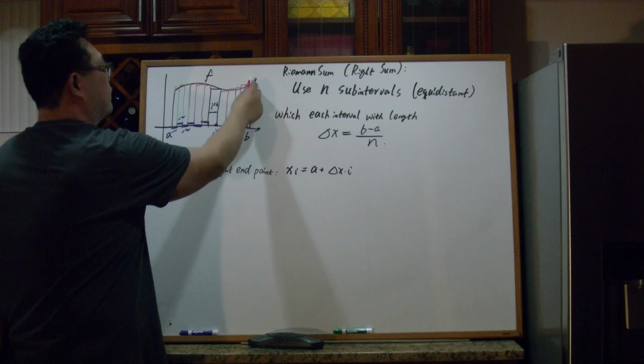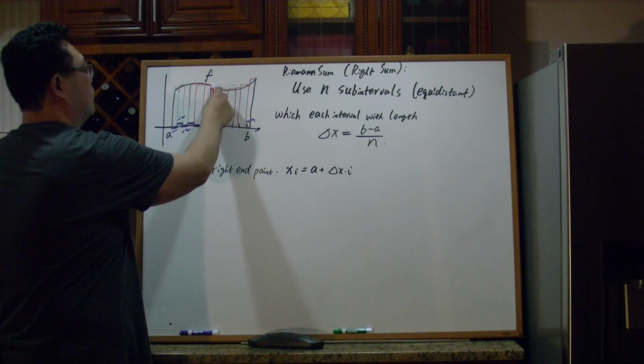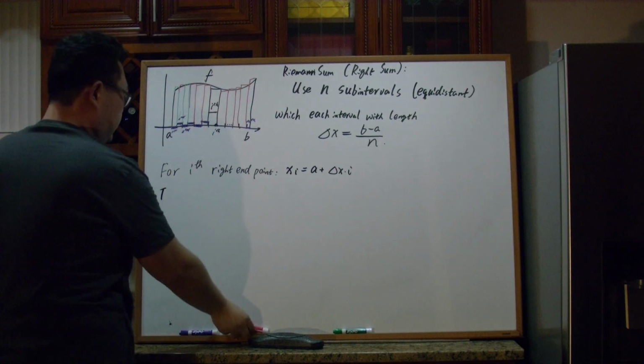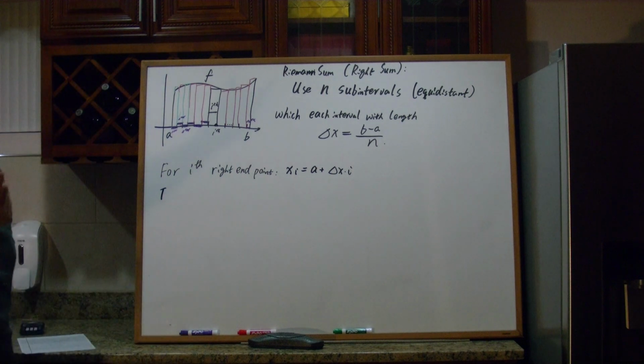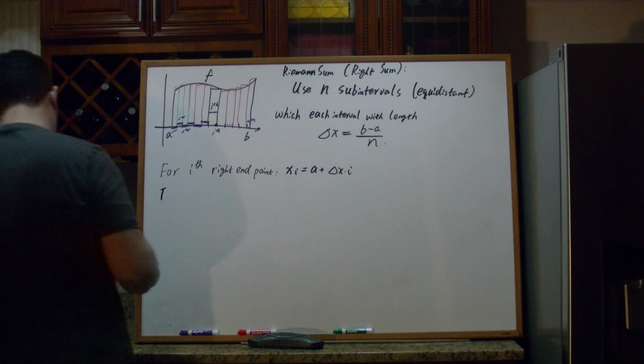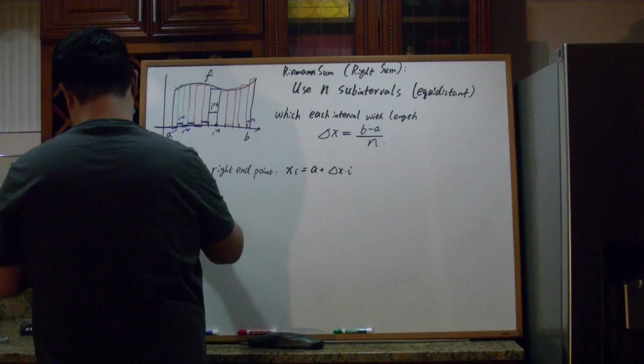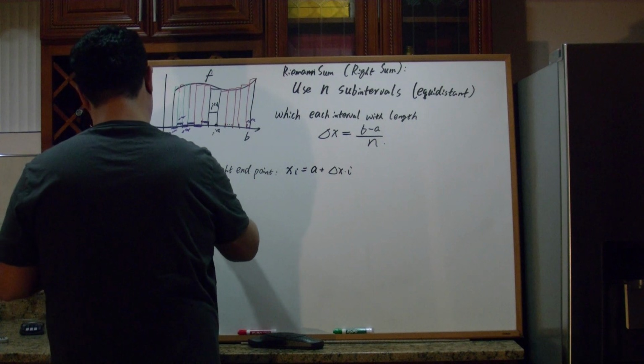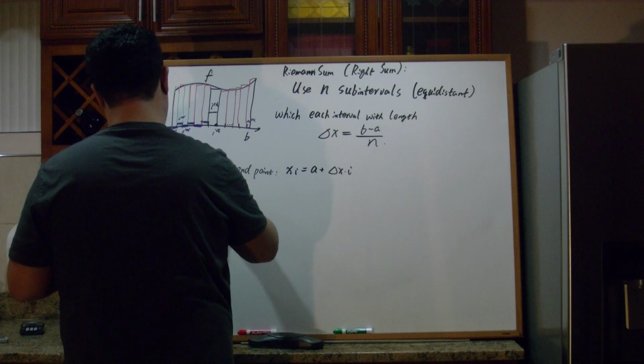Of course, there are some small pieces above and some small pieces below, but that's an approximation. So we need to find the area of the rectangle.